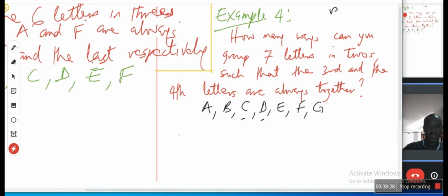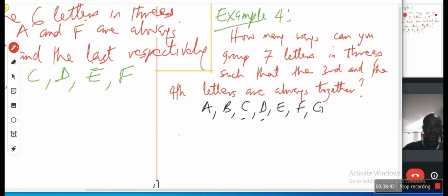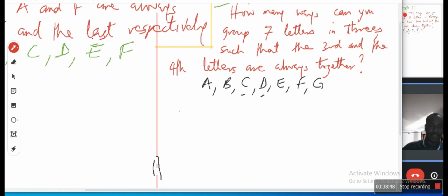How many ways can you group 7 letters in twos, such that the third... in threes, I made a mistake in the question, in threes, such that the third and the fourth letters are always together? Can you even try it? Let's even try writing it out. Let me try.